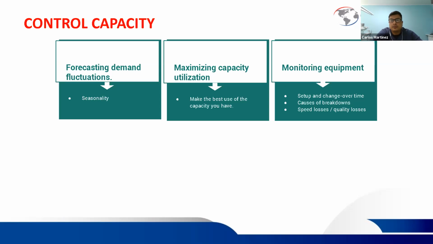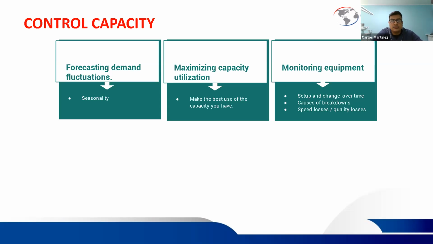Causes of breakdowns: you need to recognize what can damage my machine and of course avoid it. Maybe heat is a problem, maybe humidity is a problem, maybe the speed, there's certain things, every machine works in a different way.